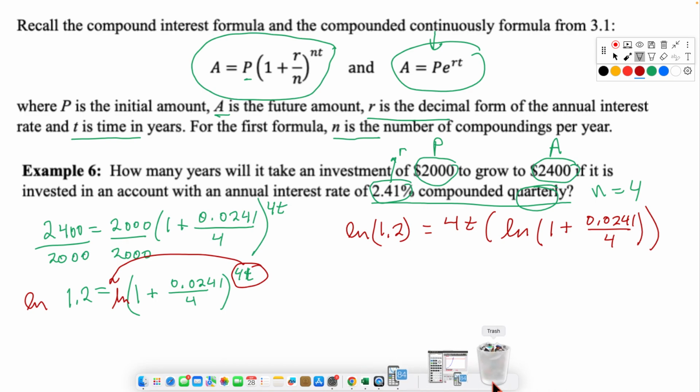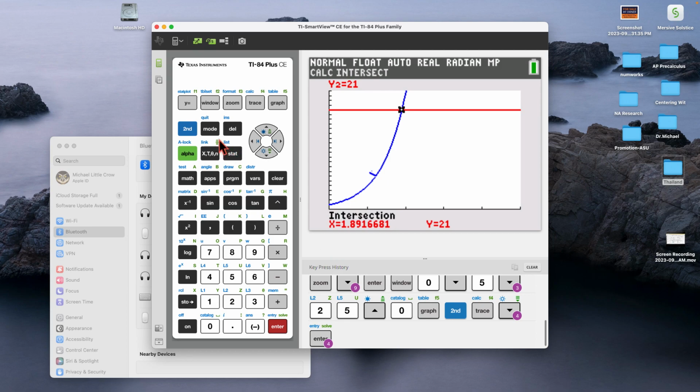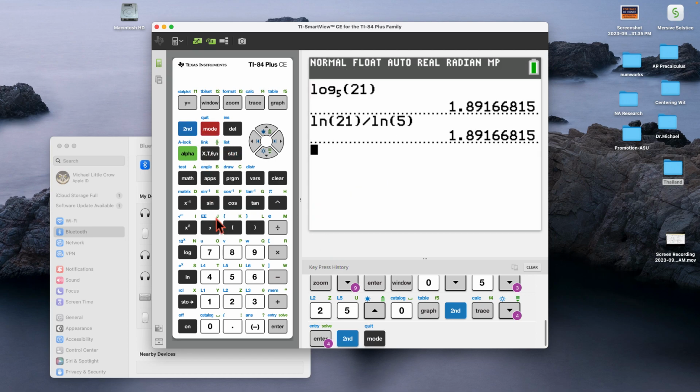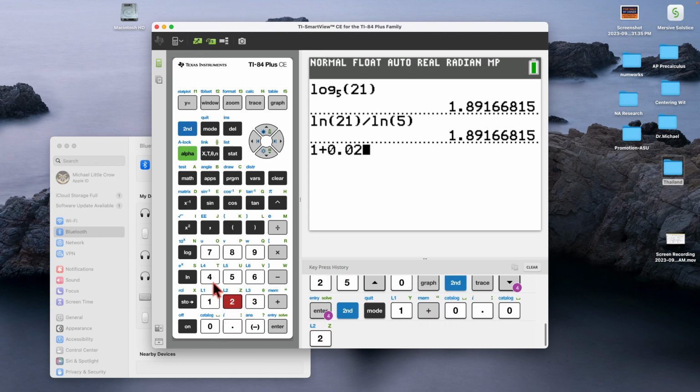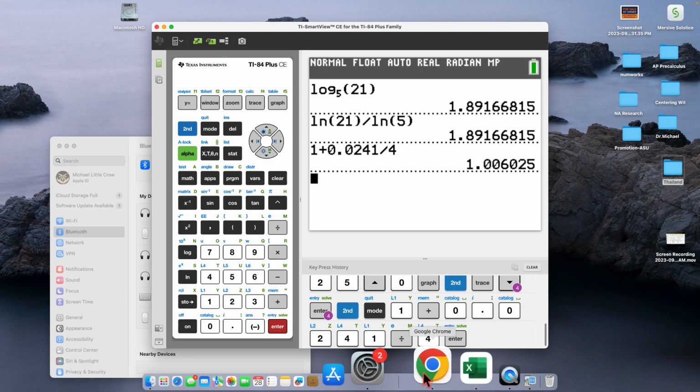So we'll take 1 plus 0.0241 divided by 4. That's 1.006025. Notice how we get a lot of decimals. Again, depending upon how much accuracy you need, you may want to have all those decimals there.